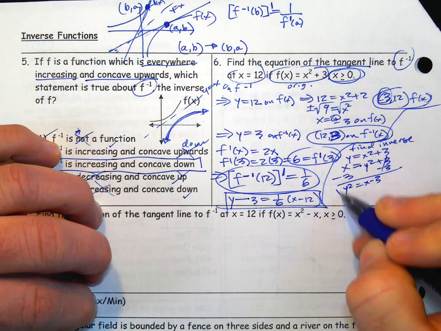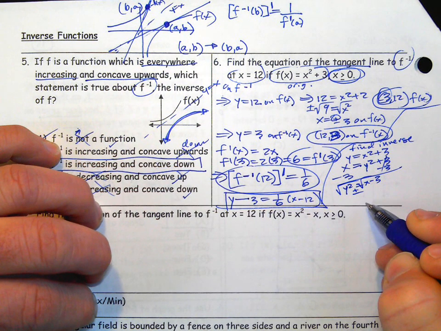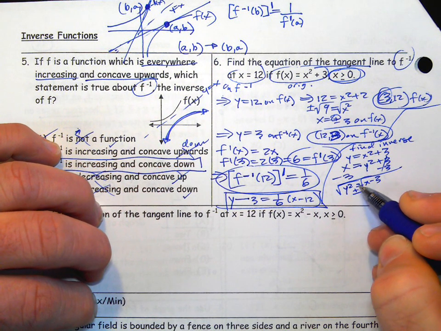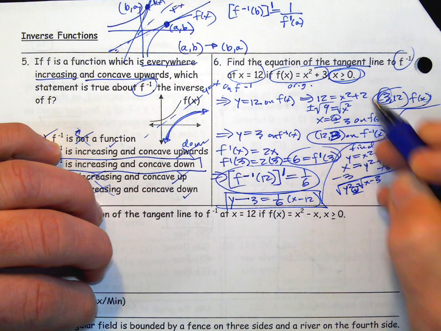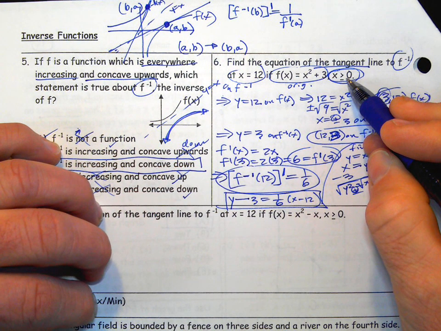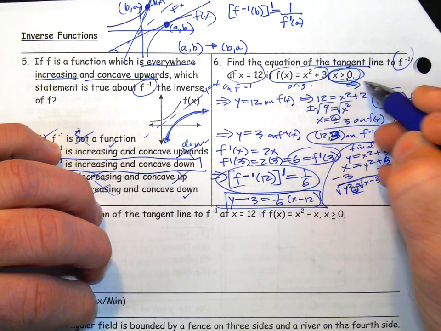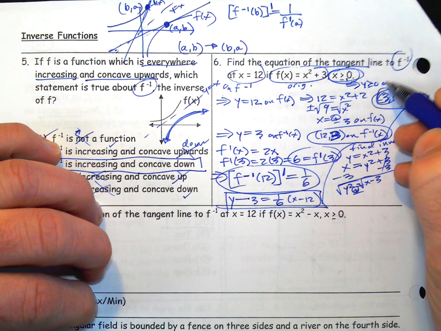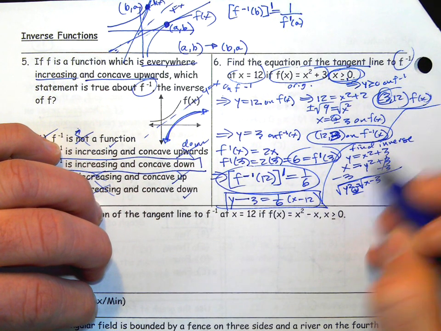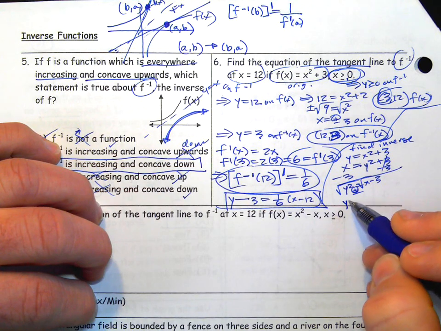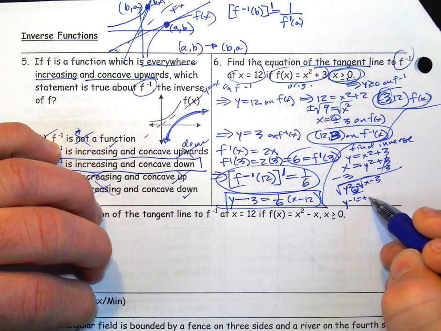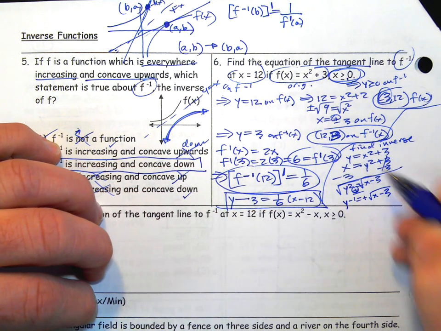Then you take the square root of both sides, plus or minus. Now we're going to go with the plus, because if x is greater than 0 on the original, then y is greater than 0 on the inverse function. So we're just taking the positive. So this is your inverse function, something we totally avoided doing.